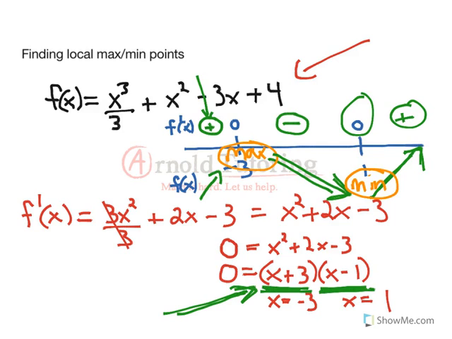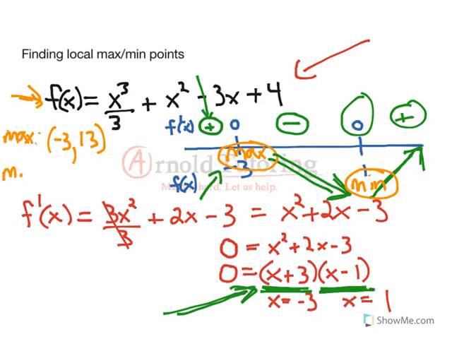Last step, if you wanted to find the full coordinates, we need our y value, so you plug it right back in to the original function. So let's actually write our local max is going to be at -3, and then if you plug -3 back into this function, f of x, you will get 13, and that's just, again, by plugging -3 right back in here.